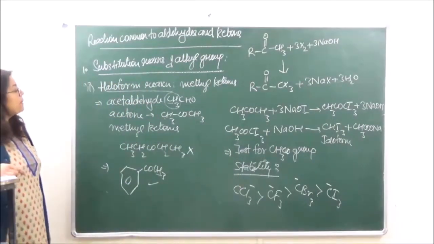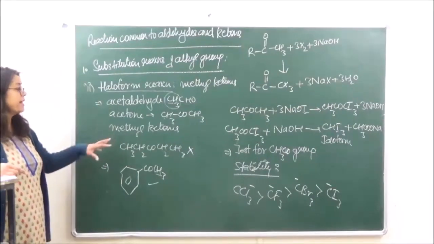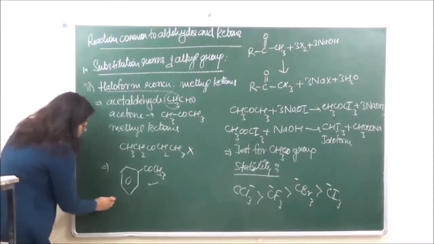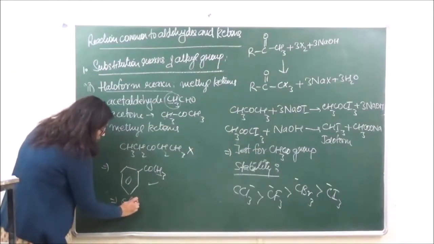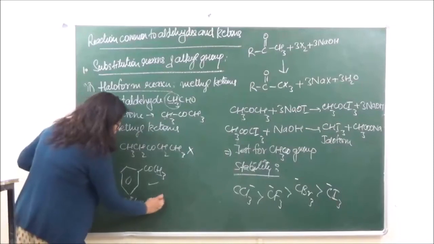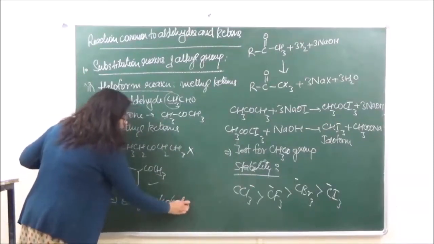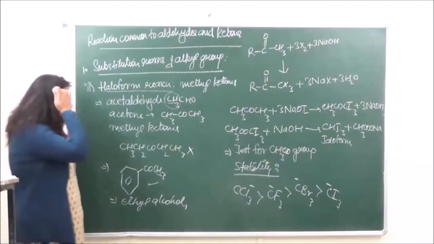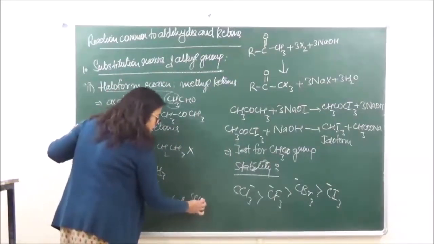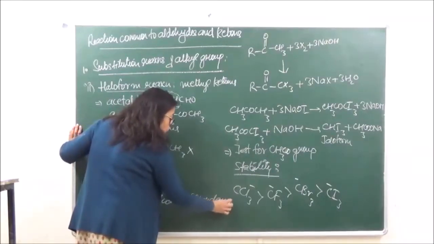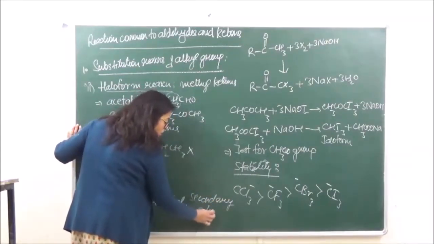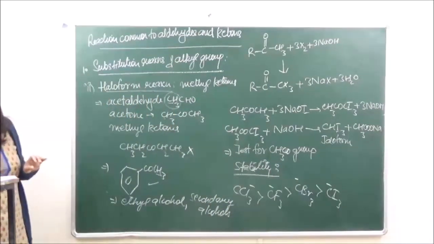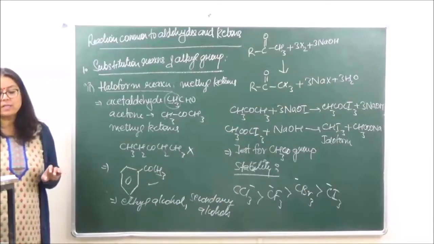So this test, apart from acetaldehyde, acetone, methyl ketones, it is seen that some of the alcohols like ethyl alcohol, and a few of secondary alcohols which on oxidation give methyl ketones, all those secondary alcohols also give this test.